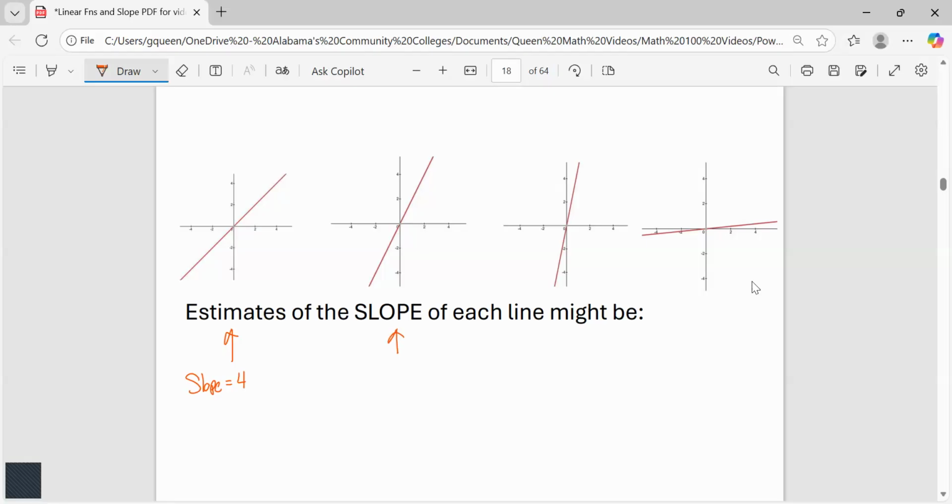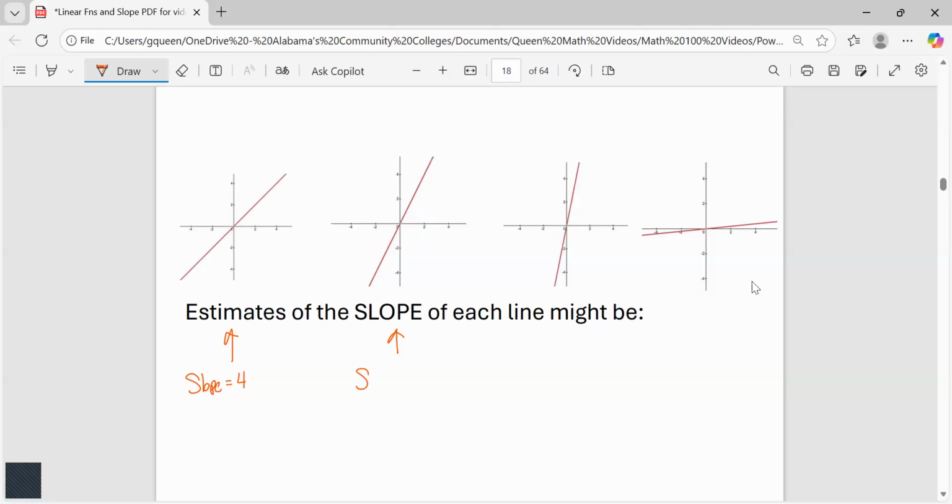Would it be harder to pedal your bike up the second hill or the first hill? It's steeper, okay? So you can look at it and see it's going more uphill than the first line. That means that the numeric number for the slope will be a higher number. The steeper the line, the higher the number.